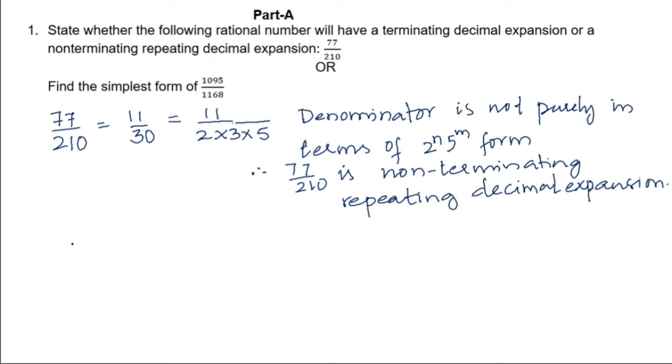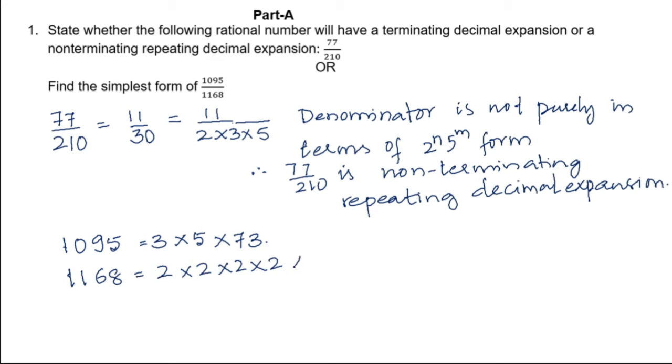Now the question is to simplify and write in the simplest form. 1095, when expressed as a product of primes, is 3 multiplied by 5 multiplied by 73. You can cross check it. 1168 is nothing but 2 multiplied 4 times, then multiplied by 73.